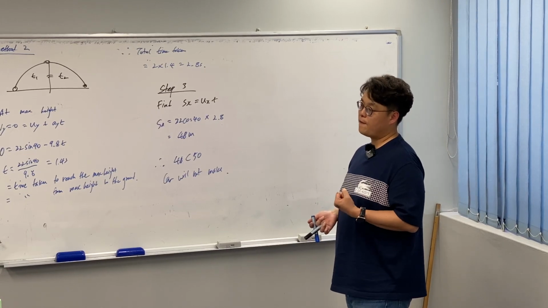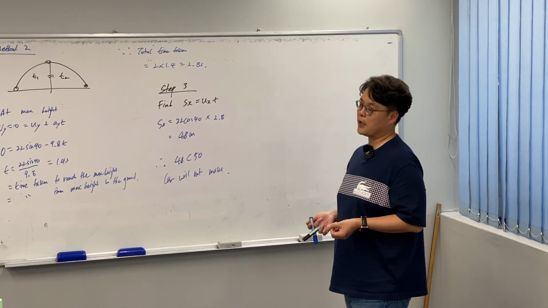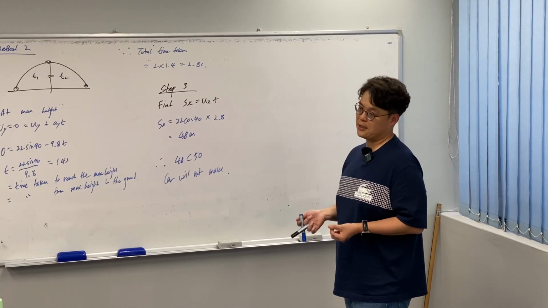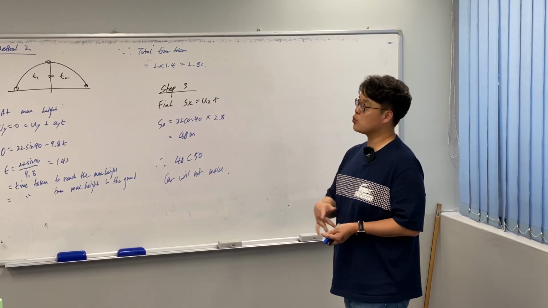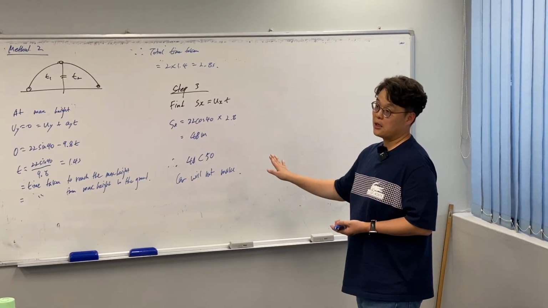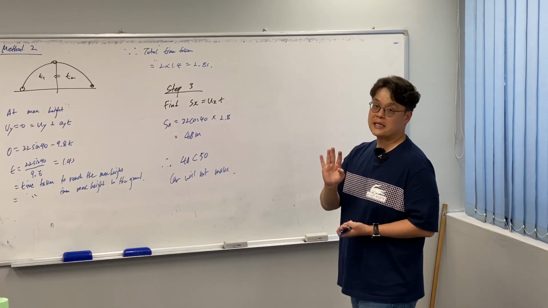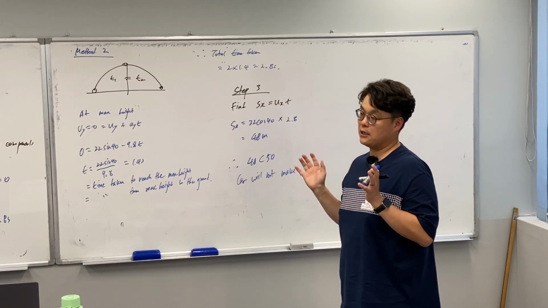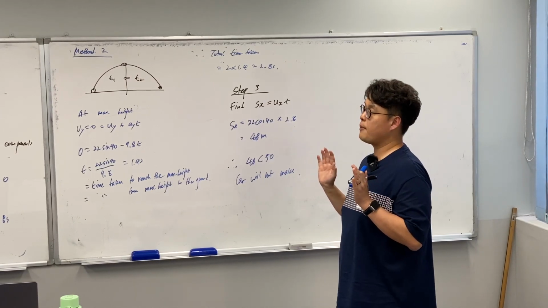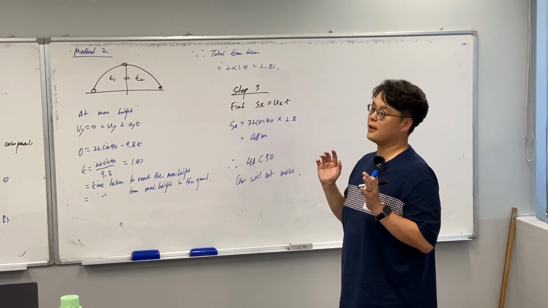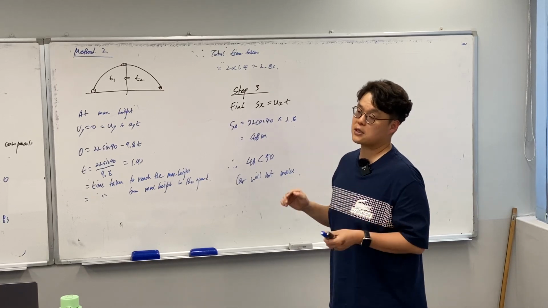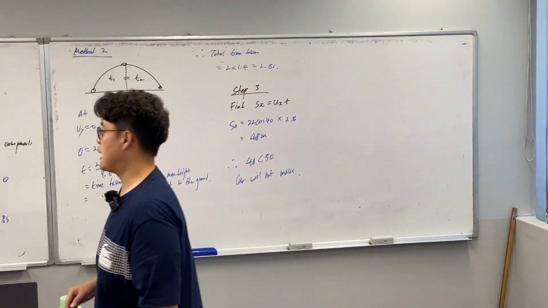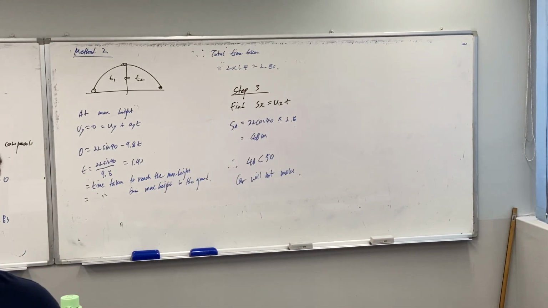First of all, physics teachers seeing that formula in a physics exam, we hate it. We want to see good working out like this. I know the formula is really handy because it gives you the range straight away. But we're not going to learn about that unless maybe a little bit later on, maybe next week, and we're not going to spend too much time on projectile motion formulas.